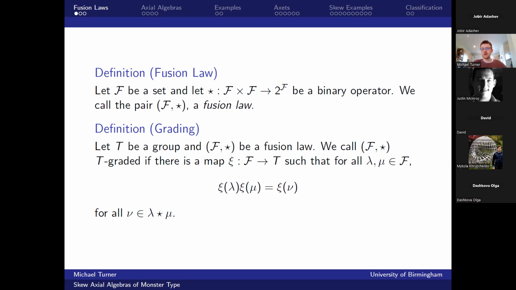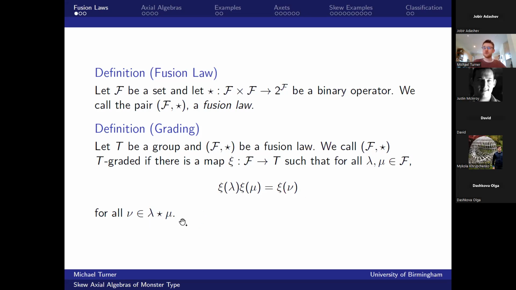We can grade it by having a map, chi, which takes an element from the fusion law to an element in the group. And we have this property that for lambda, mu in F, we have chi(lambda) times chi(mu), in this group multiplication, is equal to chi(nu), where nu is an element of this lambda star mu.